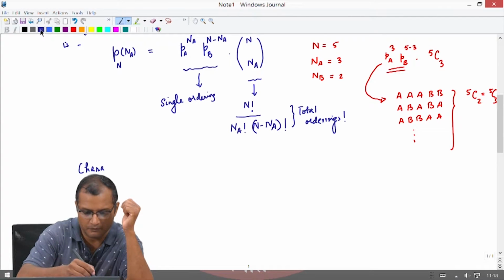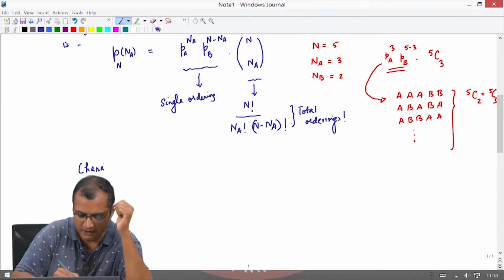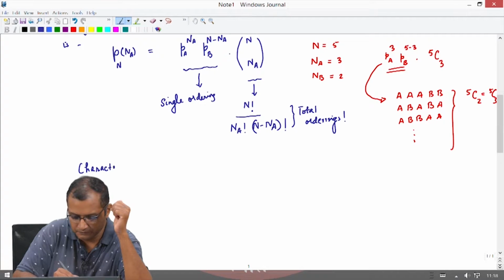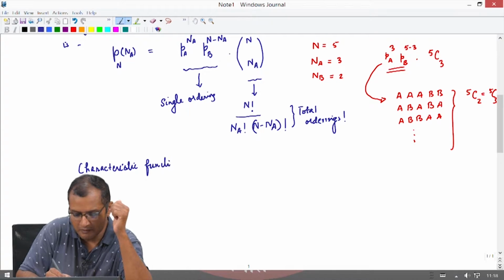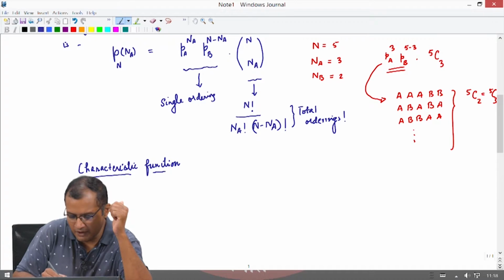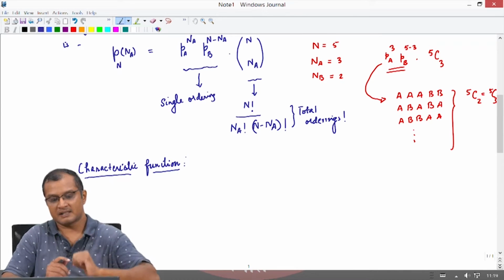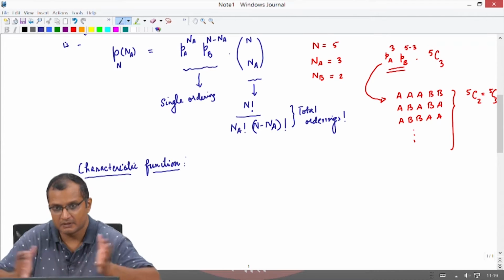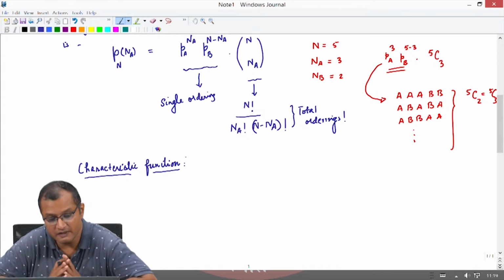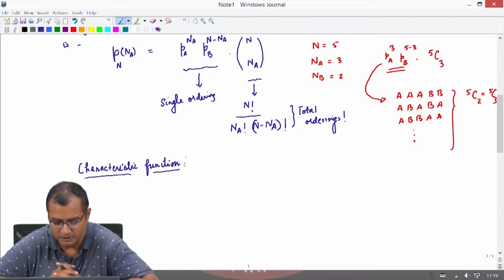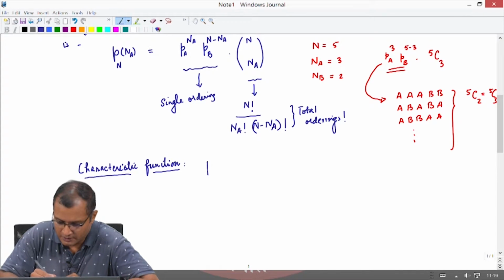So, I am going to construct the characteristic function as the simple Fourier transform of my probability distribution, which is the binomial distribution. Now, this is a distribution which has a discrete number of outcomes. The random variable NA is discrete. So, I have to take a discrete Fourier transform here. Okay. So, let us do that.